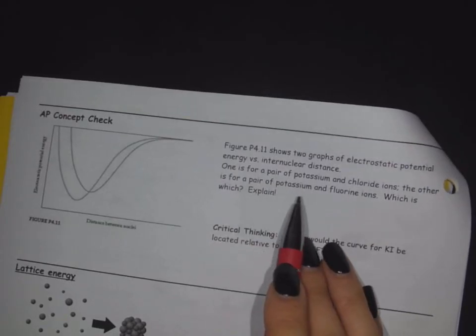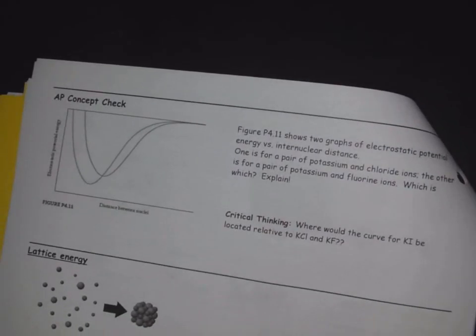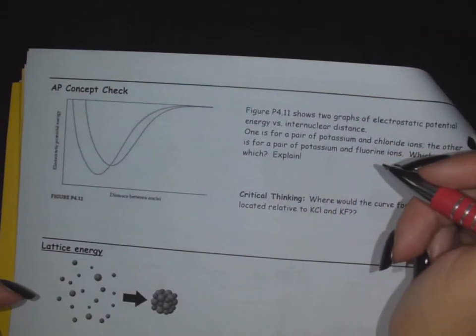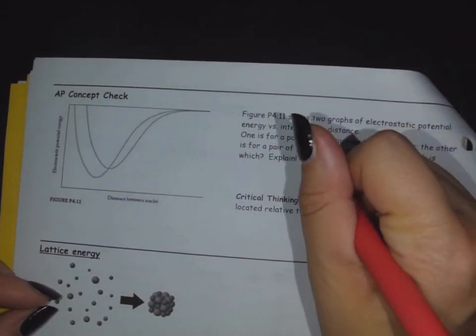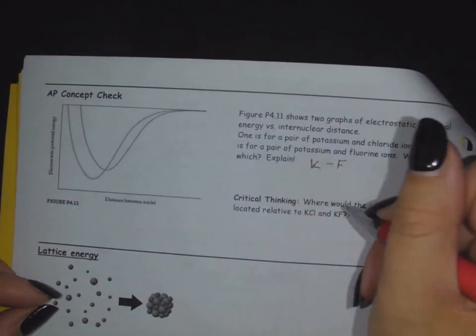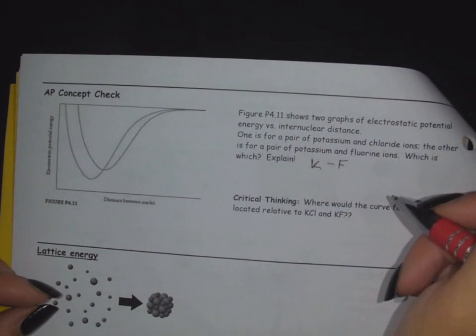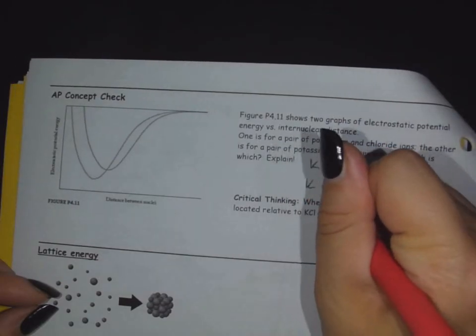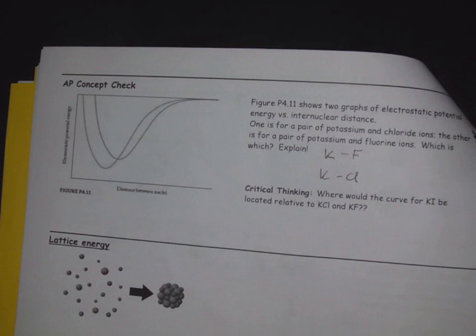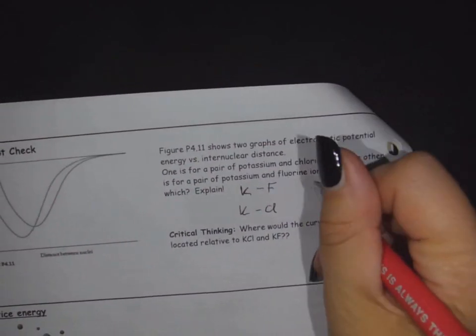The other is for a pair of potassium and fluorine ions. Which is which? So I don't know which line yet, but I know that one is potassium with fluorine, and I know that one is potassium with chlorine.